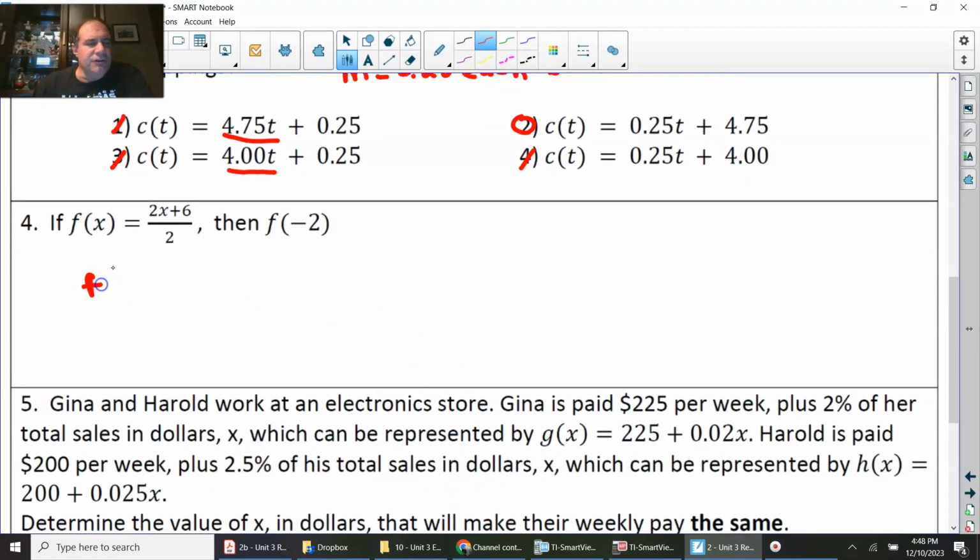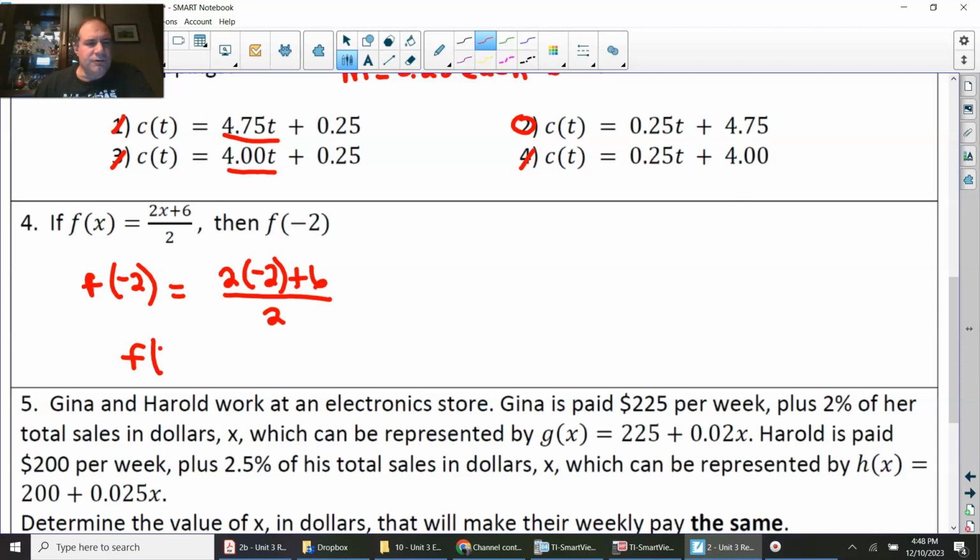F of -2, just simple, really it's just substitution here. So it's 2 times -2. Again, you could put this into your calculator, the actual function into the calculator, or you could do it by hand like I'm doing right now.